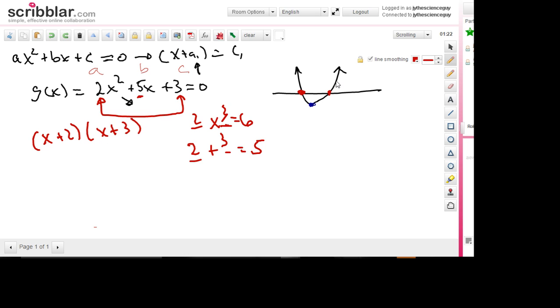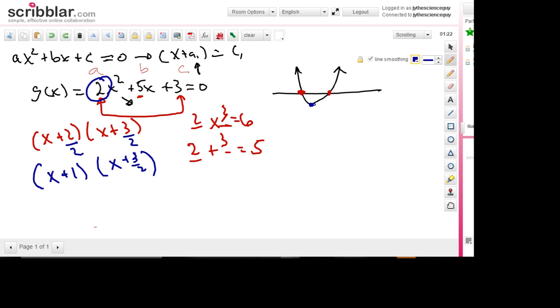The next step is I have to take this number and divide both numbers by it. Okay? Now, when I factor this, I get x plus 1, and I get x plus 3 halves.